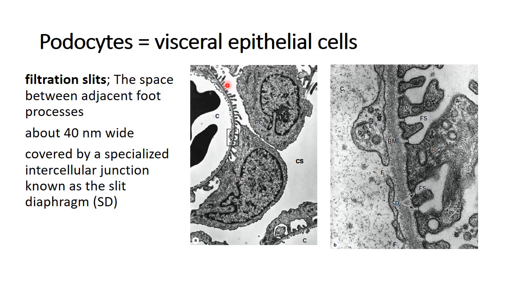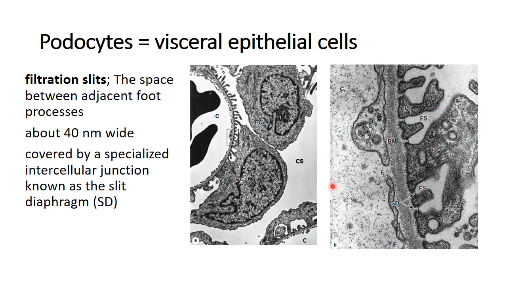These are the foot processes, and between these foot processes there are spaces about 40 nanometers in width, called filtration slits, and through these spaces the filtration of substances will occur. These filtration slits are covered by specialized intercellular junctions known as the slit diaphragm.